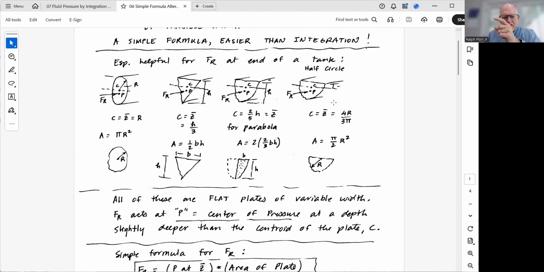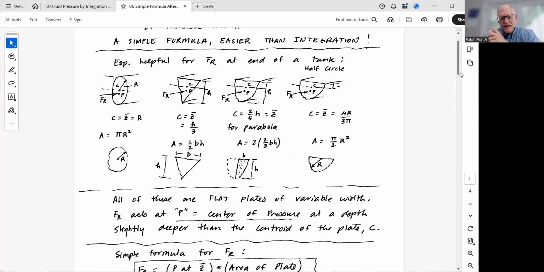I'm just trying to reinforce the point that FR acts at the center of pressure, which is below the centroid. That's one of the confusing aspects of this formula, because you use the Z bar to calculate FR, but FR doesn't act at Z bar.